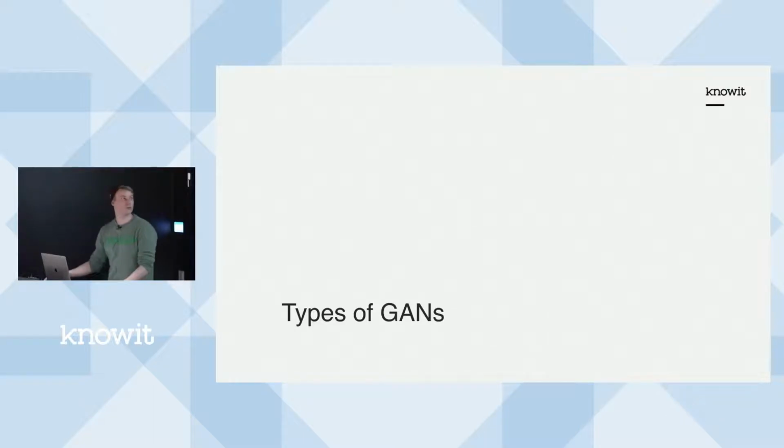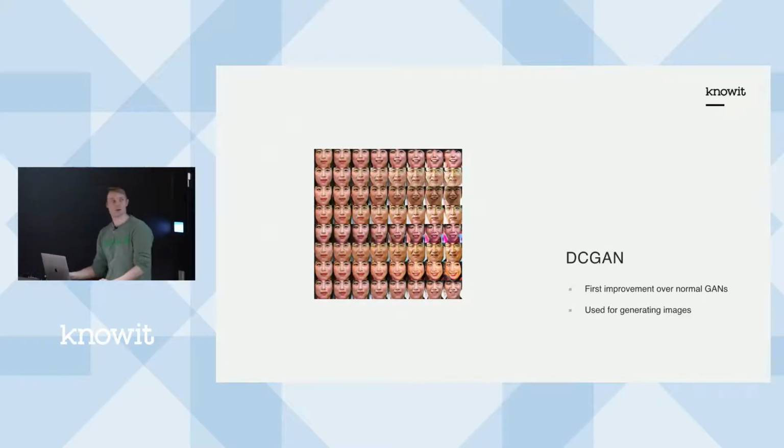So now that you know the basics, know what a generative network is, you can look at some different types. The first one is DCGAN, a deep convolutional GAN. Essentially the only difference is it uses convolutional layers, which work really well for image processing.